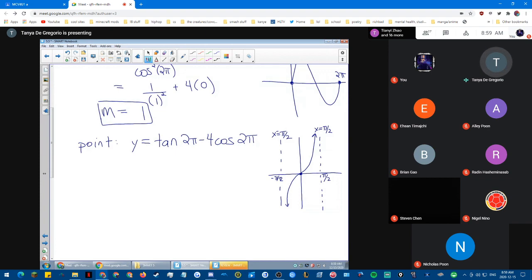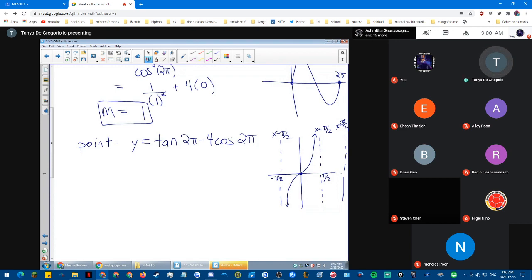My first asymptote's at pi over 2. That's 90. Where would my next one be? Yes, it's going to be 3 pi over 2. Amazing. You're going to add pi. The period is pi. So you add pi to it, and you're right. The next asymptote is going to be at 3 pi over 2.